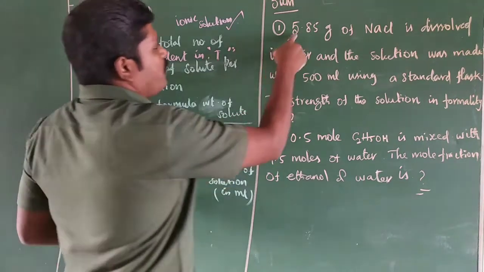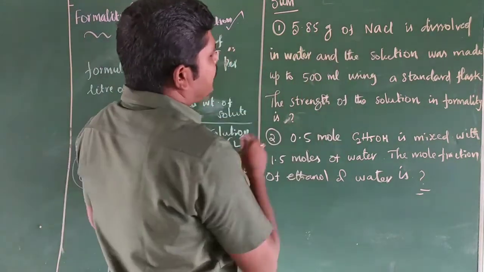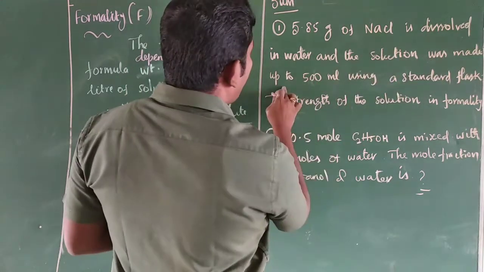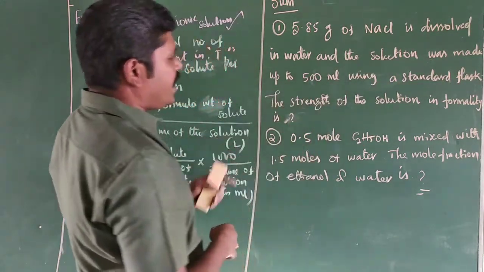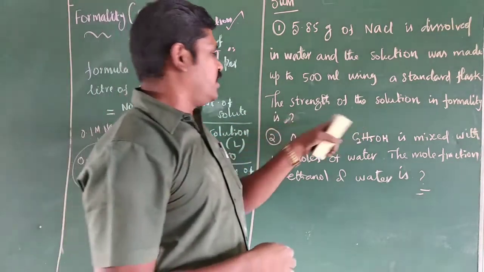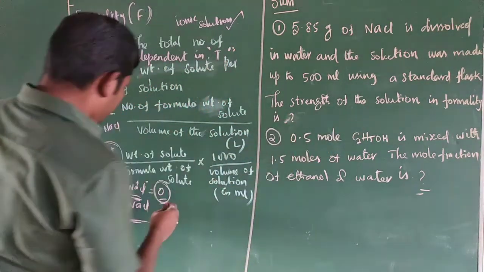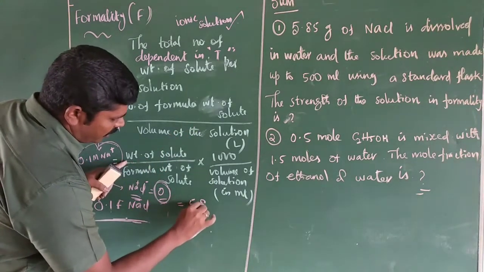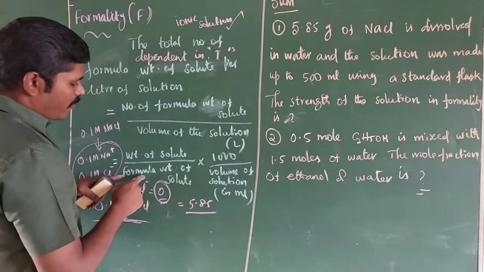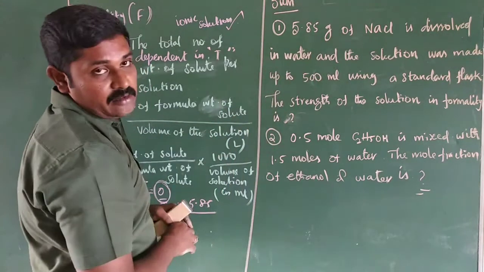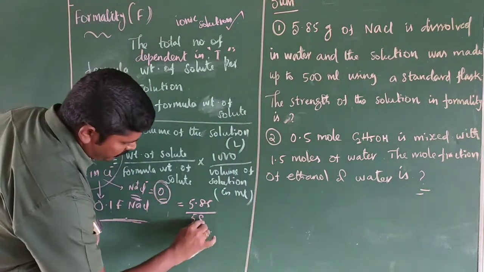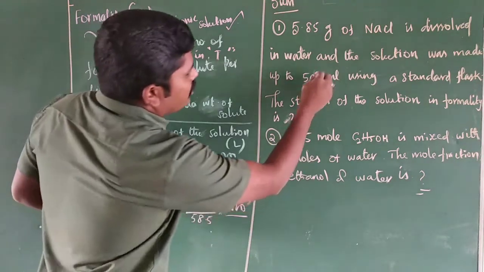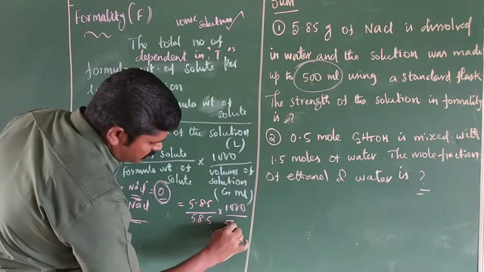So 5.85 gram of NaCl is dissolved in water and the solution was made up to 500 ml using a standard flask. The strength of the solution in formality is equal to the weight of solute, 5.85, divided by the formula weight of solute NaCl, 58.5, into 1000 divided by 500 ml.